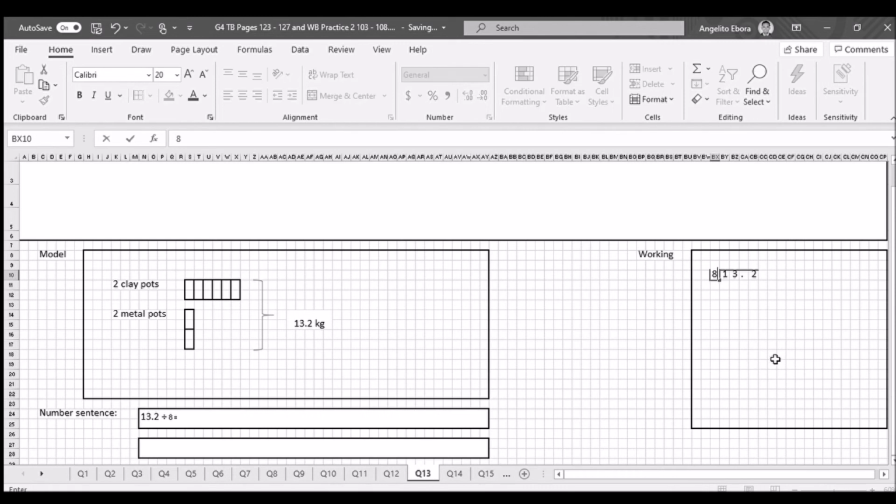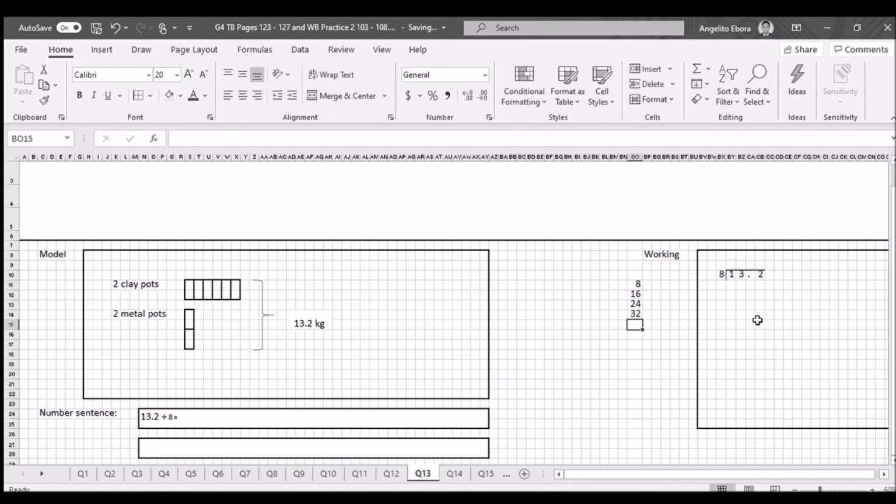Divided by 8, so multiples of 8: 8, 16, 24, 32. Let's stop there because this one is a small number only. So 1 divided by 8 is 0. Then bring down 1, because 1 minus 0 is 1.